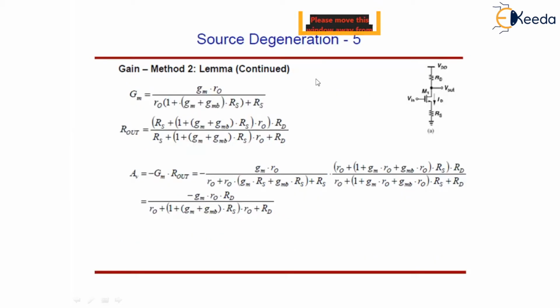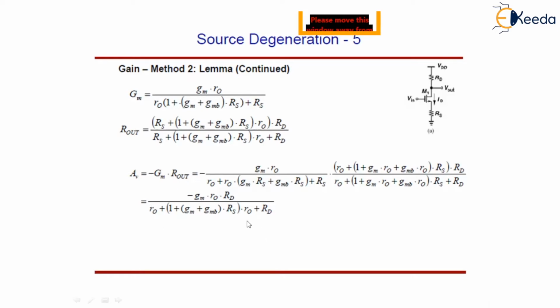Okay, now we have Gm, the equivalent transconductance of the circuit, and the output impedance of the circuit. Using the lemma, we can find the voltage gain, which is equal to the negative of transconductance into Rout. Now, taking the product of these two terms, transconductance and Rout, we get this equation.